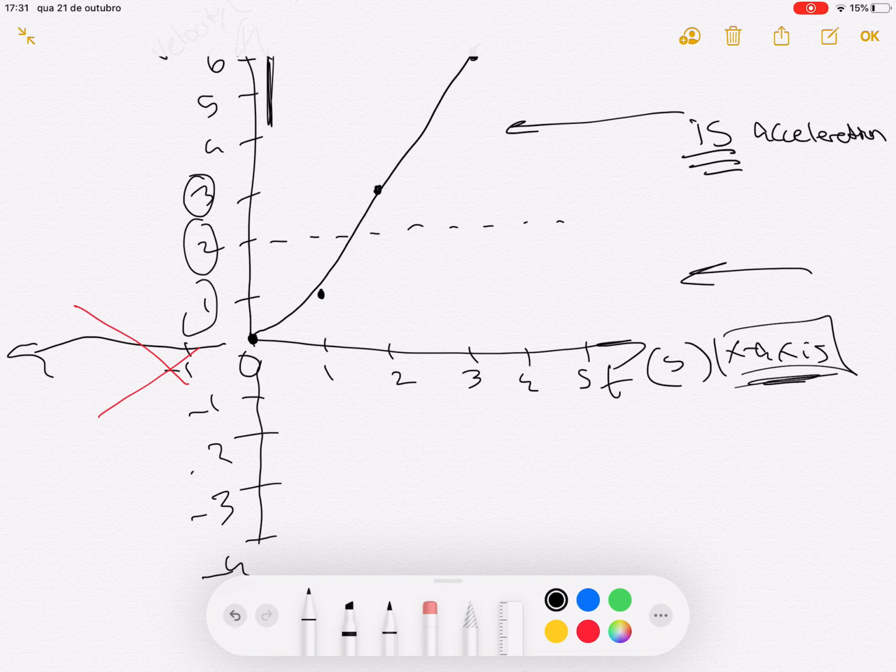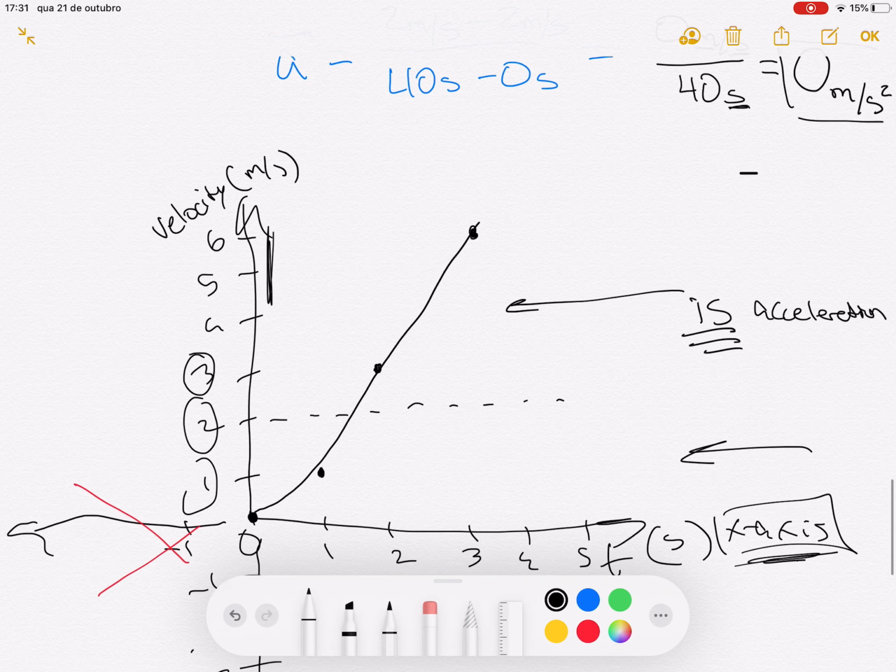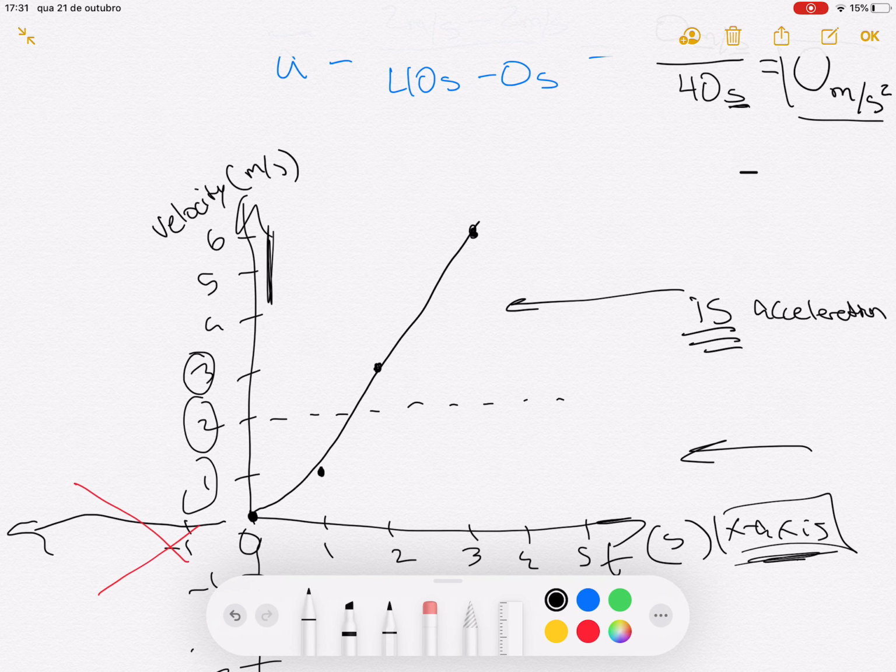So what can we tell? Like I said, it's above the x-axis, which means it is positive. And what can we tell based on the fact that it's a curved line?